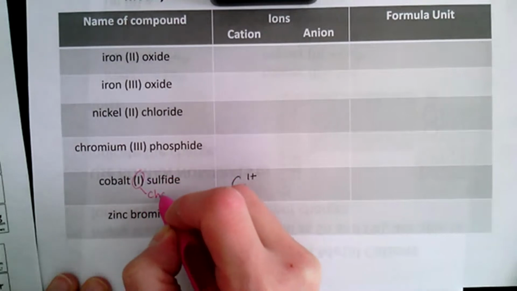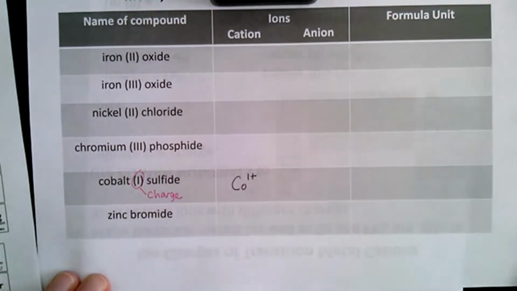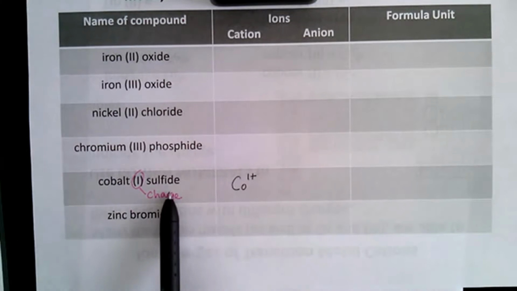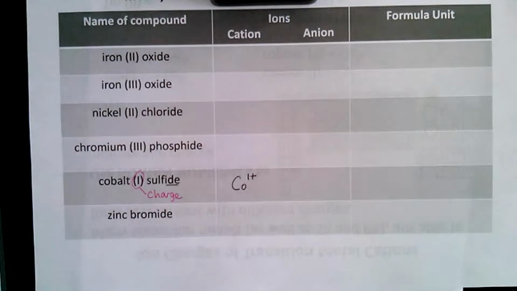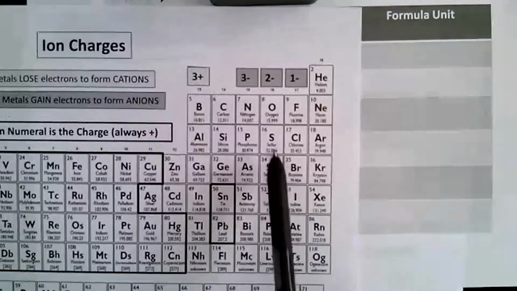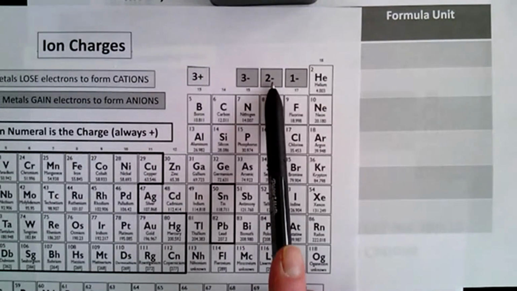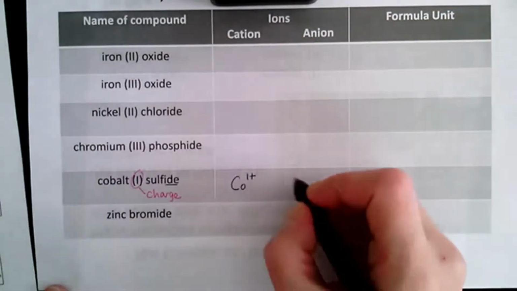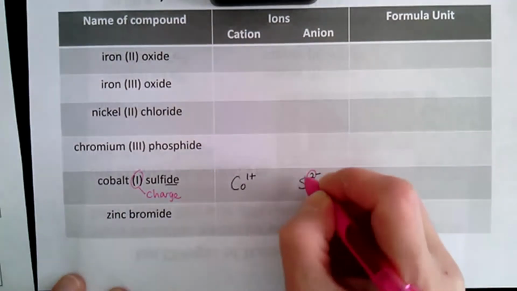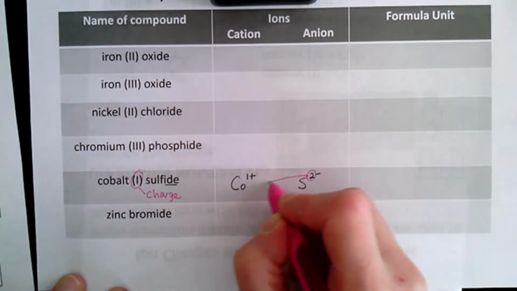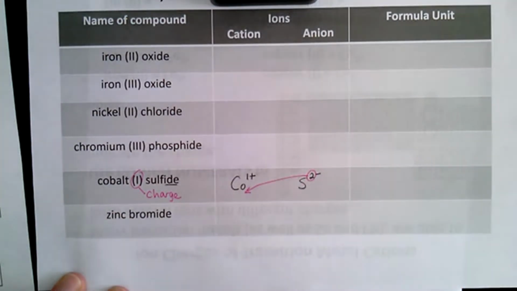This is the charge. Sulfide, there's that IDE ending. That was sulfur. We find sulfur. Sulfur always has a 2- no matter what. Same process as before. If the charges don't cancel, you need to take them and crisscross them. So this 2 is going to drop over and under that.